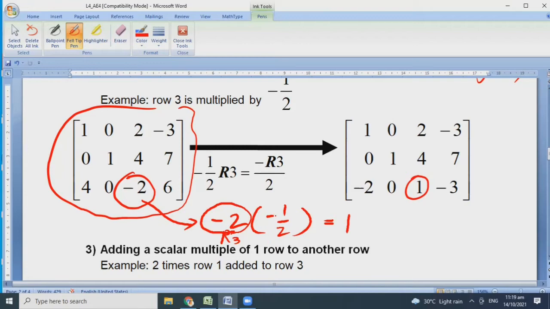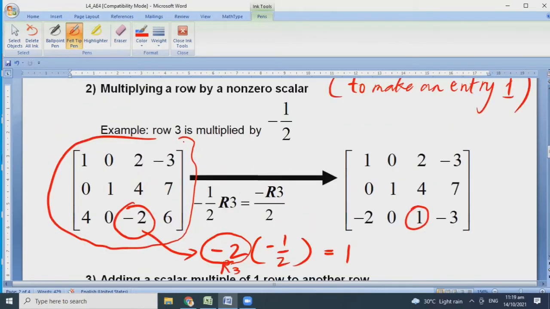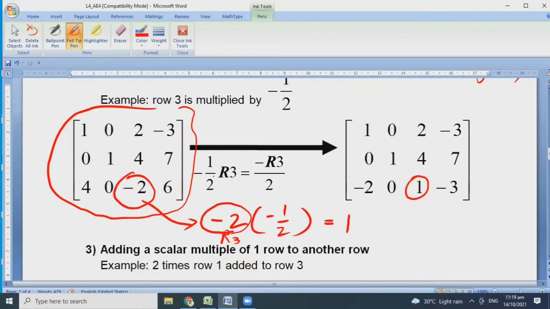So, it should be visible. So, it becomes 1 already. So, the formula is row 3 multiplied by negative 1/2, or negative R3 divided by 2.